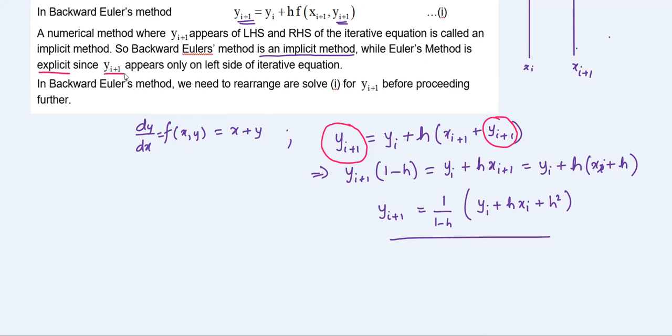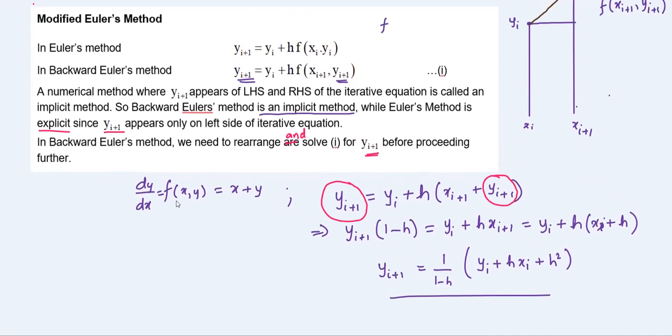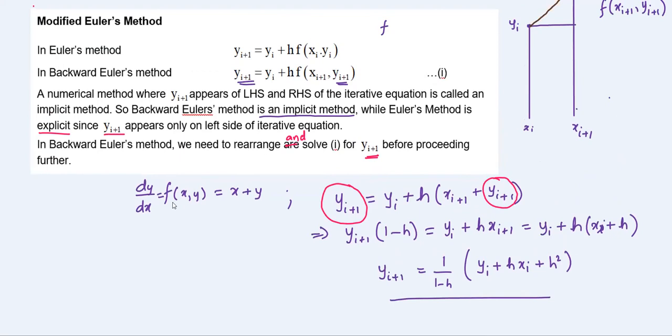Explicit means yi plus 1 appears only on the left hand side of the iterative equation. It doesn't come on the right hand side. In backward Euler's method, we need to rearrange and solve for yi plus 1 before proceeding further. So this is backward Euler's method, and sometimes it is very effective. It is better than Euler's method.